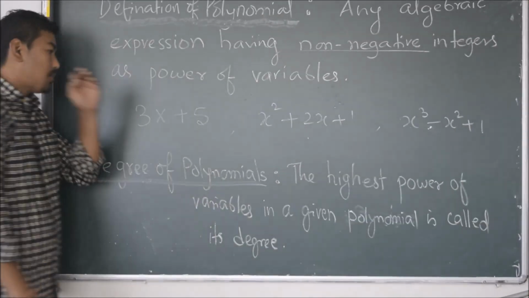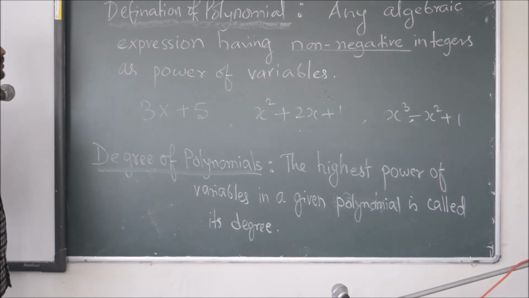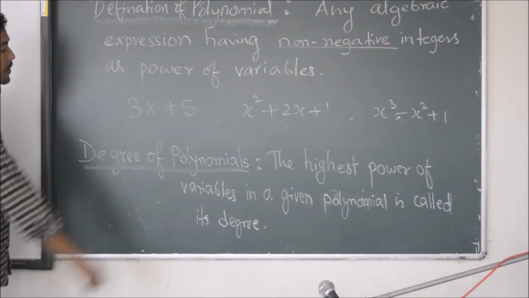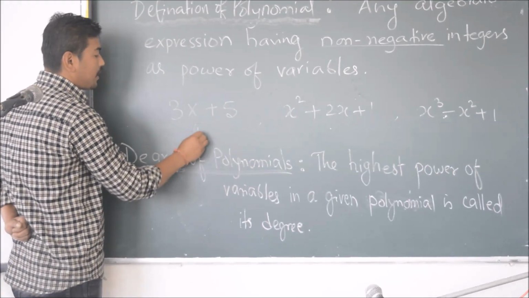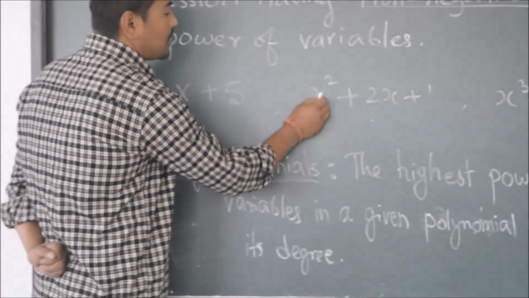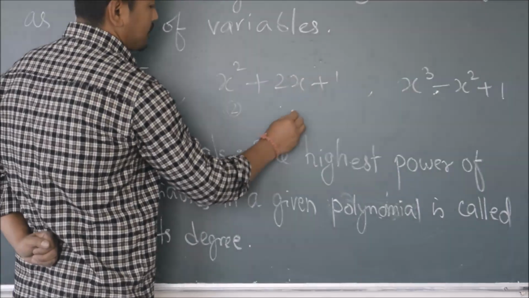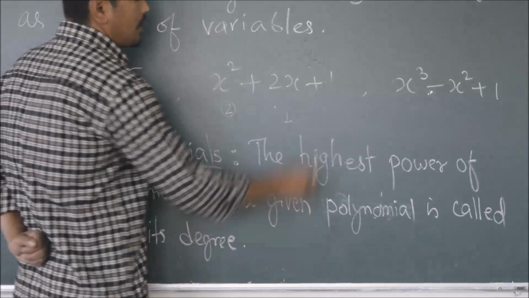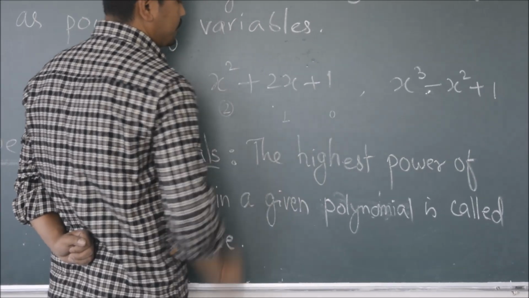So if you see these polynomials, one thing is common. Here the power of x is 1, so I'll write here 1. Here the power of x is 2, I'll write here 2. Power of x here 1. And there is no x term here, so you can assume the power of x as 0.